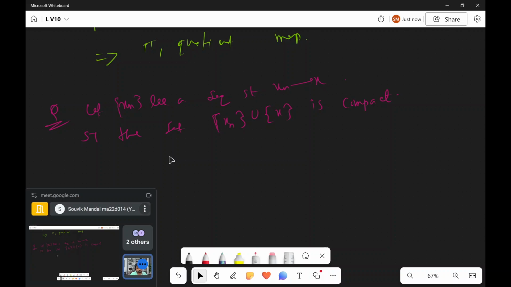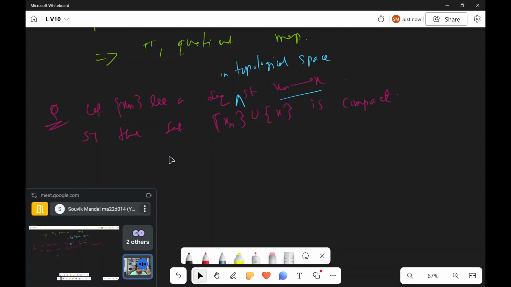So x_n is a sequence in some topological space, which I must mention, such that x_n goes to x. Now we need to show that the sequence x_n along with the point of convergence, all together as a set, is compact. Please take your time, think about it.